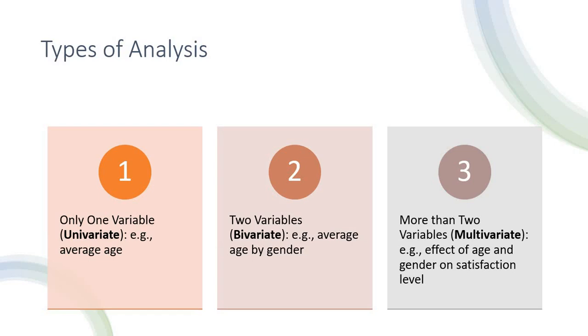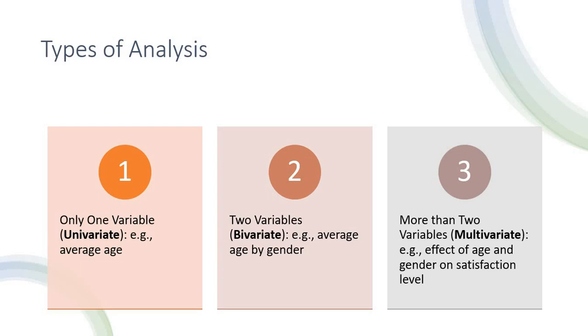So if you are analyzing only one variable, this is univariate analysis. Uni stands for one. And if you are analyzing two variables at a time, that is called bivariate analysis. Bi means two. And if you are analyzing more than two variables together, it is called multivariate analysis.